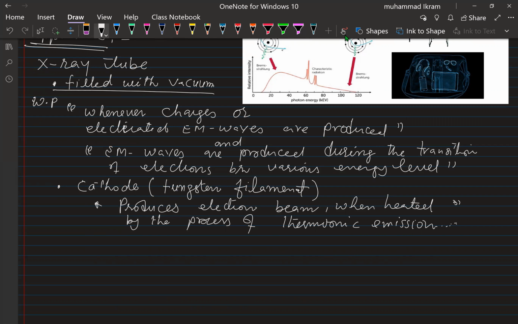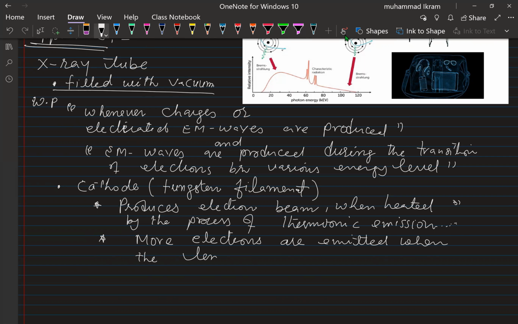The second important point I want to tell you is that more electrons are emitted when the temperature of the filament is increased.